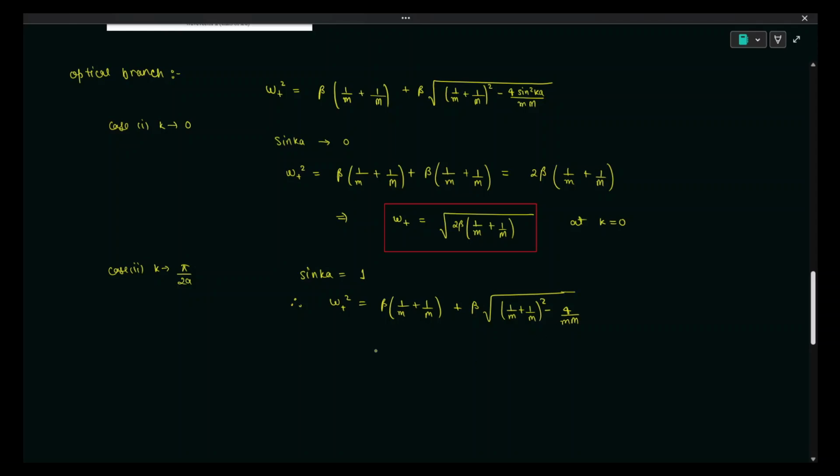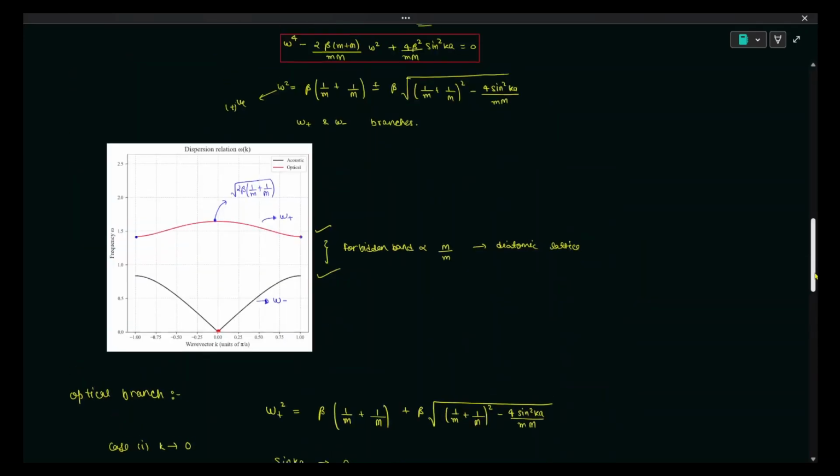So this is nothing but (1 divided by small m minus 1 divided by capital M) whole square. So our value of optical branch frequency at the zone boundary will become beta times (1 divided by small m plus 1 divided by capital M), plus beta times (1 divided by small m minus 1 divided by capital M), and then the 1 over capital M term gets cancelled, so this will become 2 beta divided by small m.